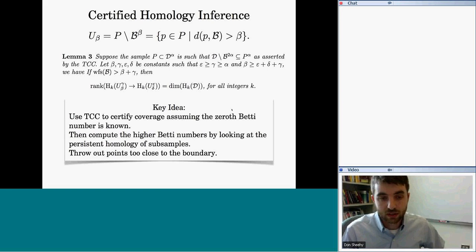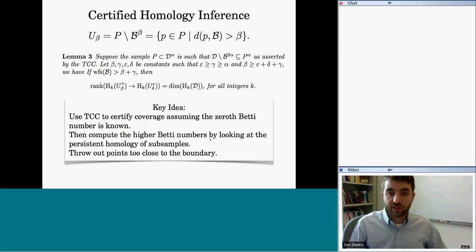So the idea is that you use this to certify the coverage, assuming that you just knew, say, the number of components, and then you can use that to compute the higher Betti numbers by an algorithm which is very similar to what you would have done anyway, but now you have a guarantee.